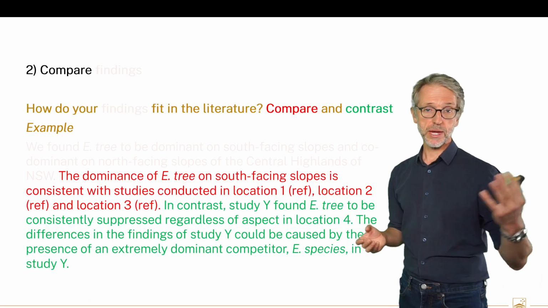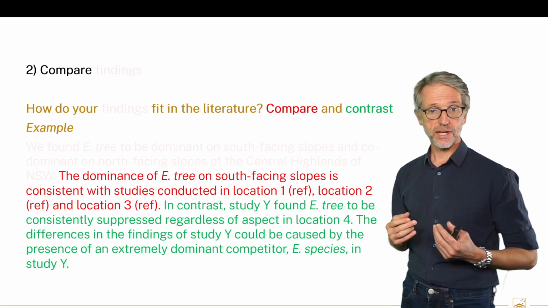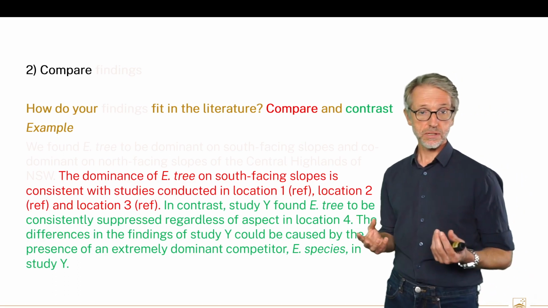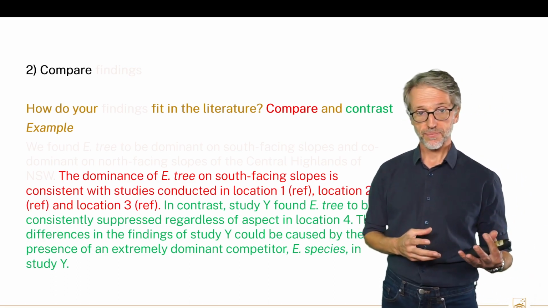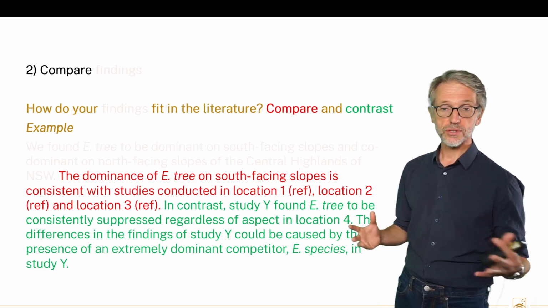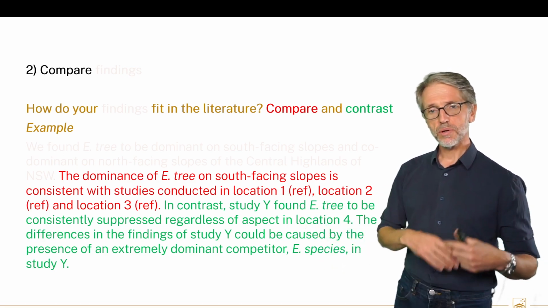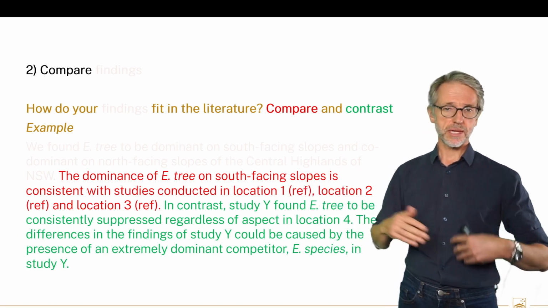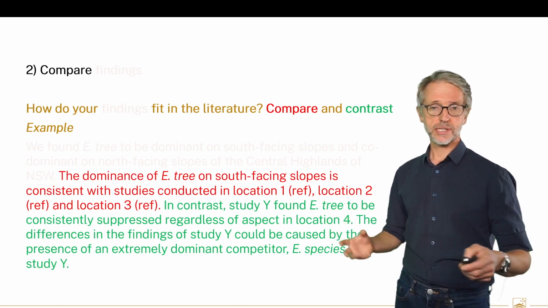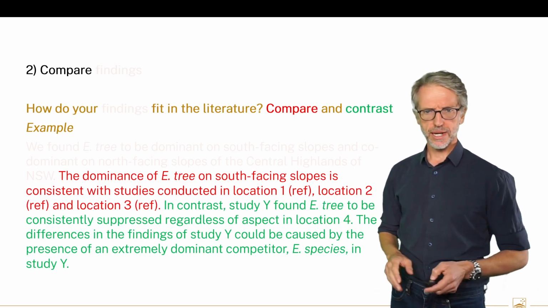If we went out and saw patterning in species distribution on north and south facing aspects, we would say that perhaps the patterning that we saw is consistent with these studies, in this location, that location. Perhaps in contrast to others, we found something else. But we wouldn't just leave it at that. We wouldn't simply say it was the same here and it's different there. We might seek to again bring in context and explain why it is the same in some cases yet different in others.